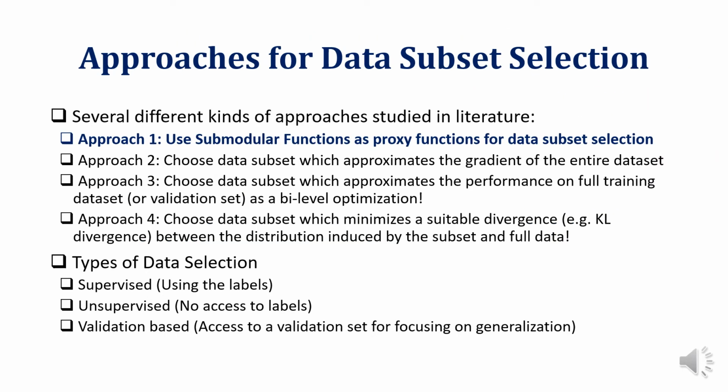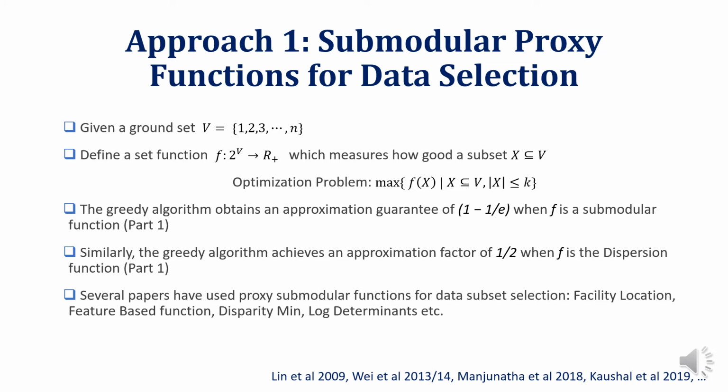So we begin with a very vanilla approach, which is to use submodular functions as proxy functions for data subset selection. And this has been finding a lot of use, both practically and from the machine learning perspective. Interesting analysis has also been done.